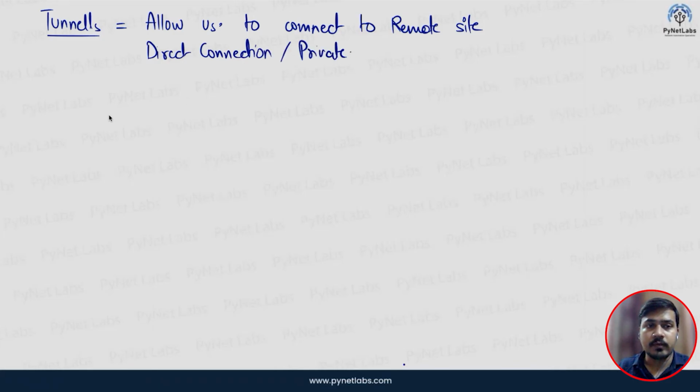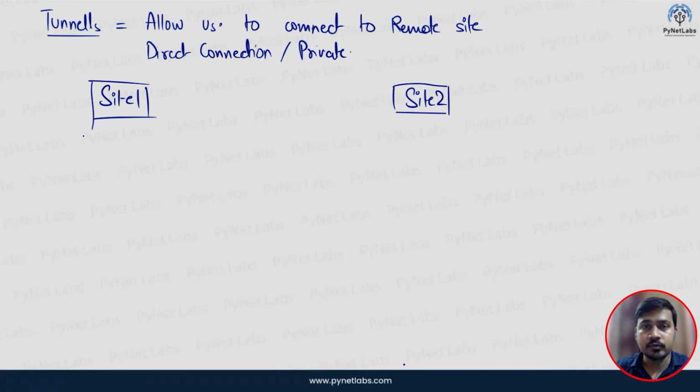Say I have site one somewhere here and I need to connect it with site two over here, and these two sites might be separated by a huge distance, and we don't have the means to run a cable all the way from site one to site two. So I am basically relying on my ISP, asking my ISP to provide me a connection towards my site.